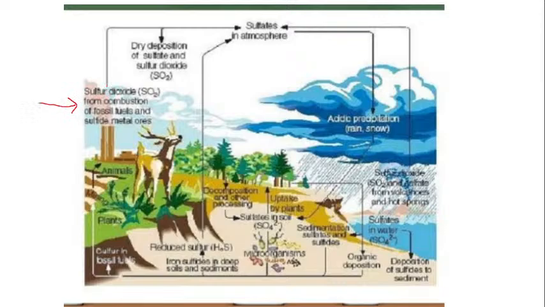This is the human impact, that is, sulfur dioxide from the combustion of fossil fuels and sulfide metal ores will result in the accumulation of sulfur dioxide in the atmosphere.